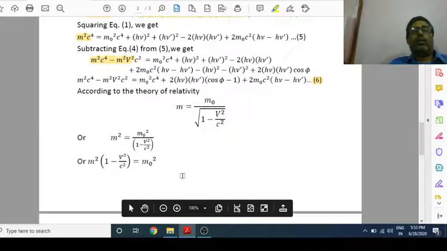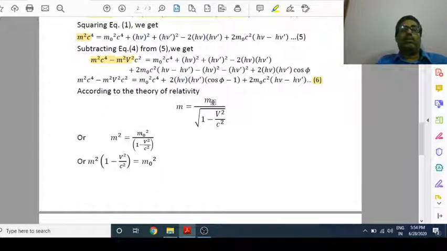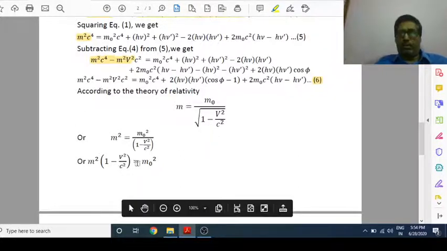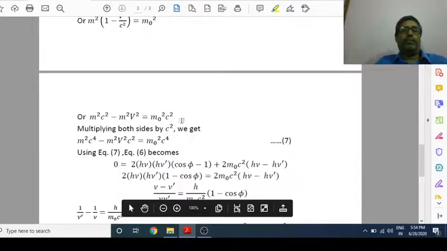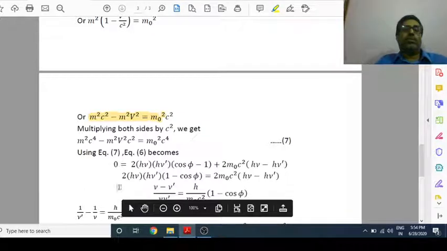Now recall the theory of relativity, in which mass varies with velocity according to this relation, m is equal to m0 upon under root 1 minus v square by c square. First we square this, it will be m square equals m0 square, and on cross multiplication we get here. Now you can see it is m square c square. If you multiply through by c square, then it will be c4.